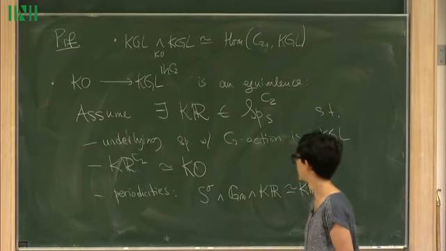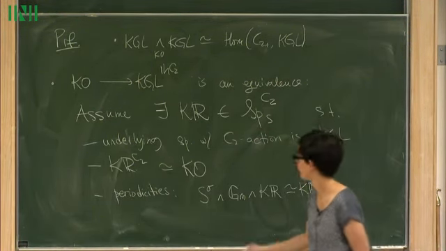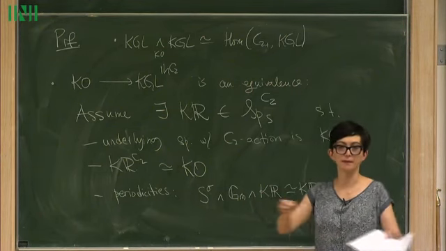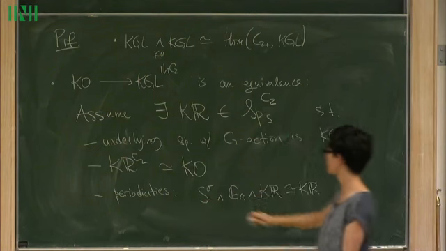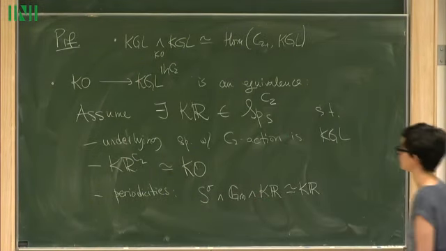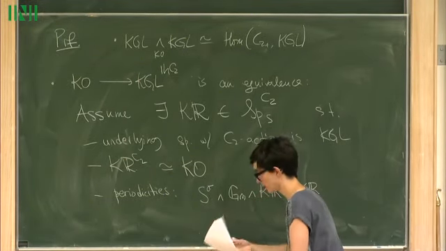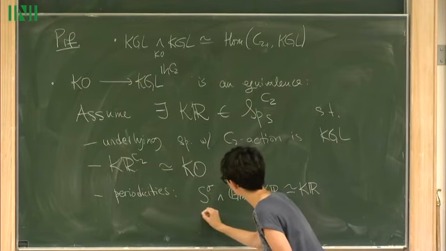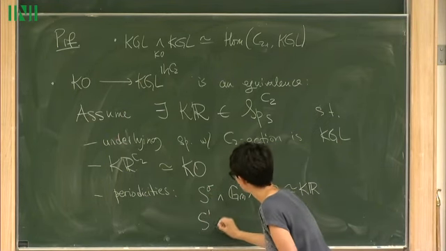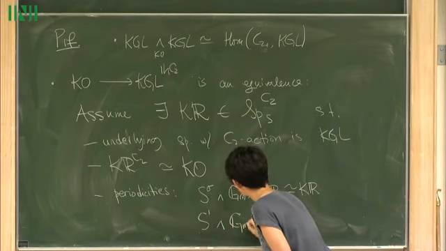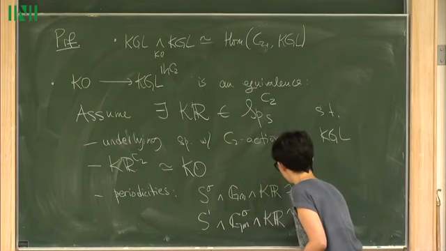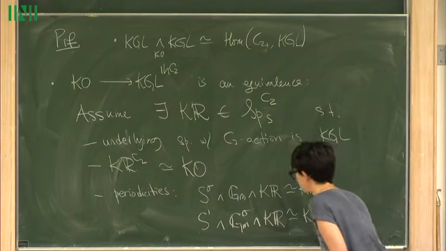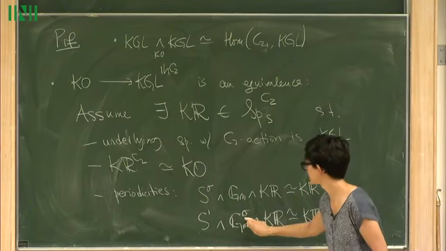Okay, and so it's the one-point compactification of the real sign representation, and then the constant presheaf that defines it, and also S1 smash GM sigma smash KR equals KR. Okay, and so what is this sigma?